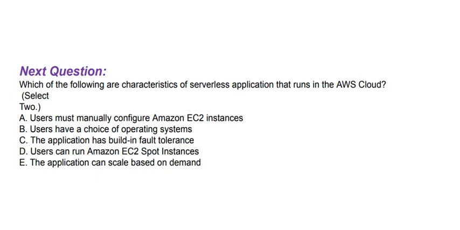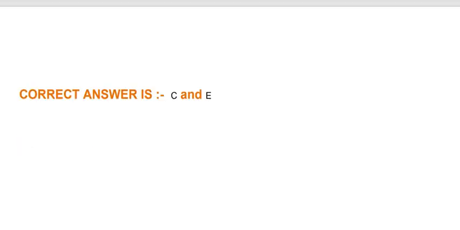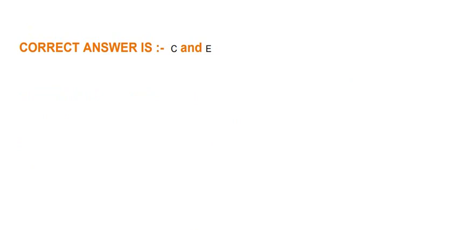Option C, the application has built-in fault tolerance. Option D, users can run Amazon EC2 spot instances. And option E, the application can scale based on demand. The correct answer is option C and E.